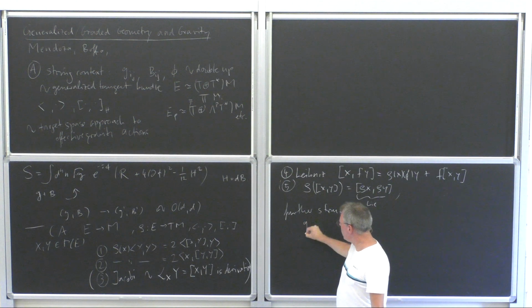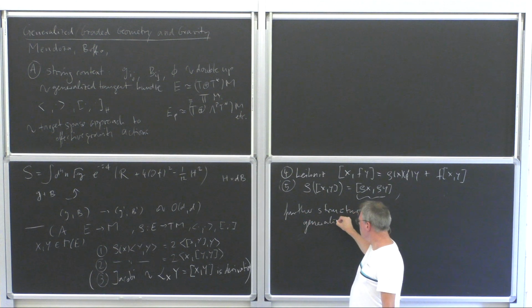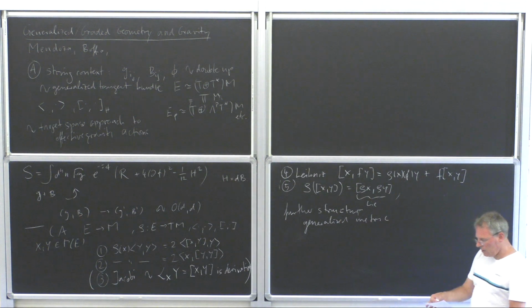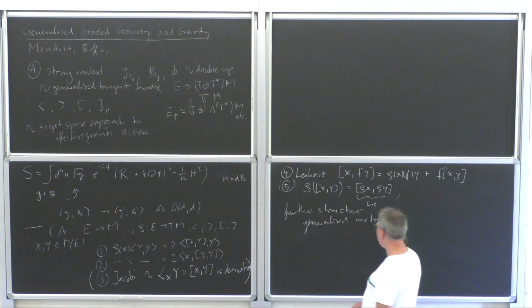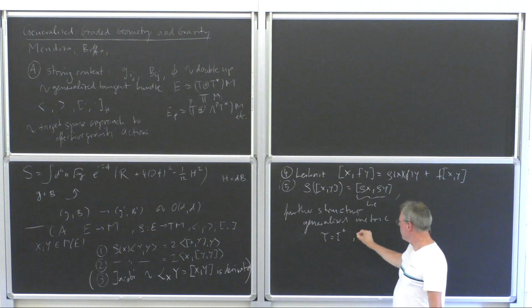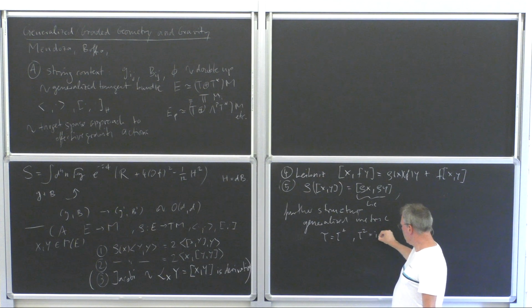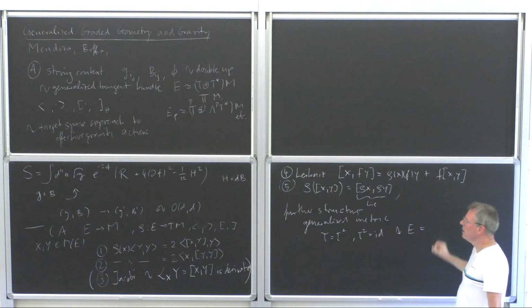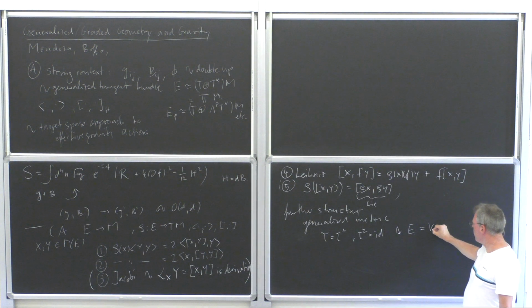A generalized metric. It can be formulated in terms of a map, tau, which is self-adjoint and squares to the identity, and you can use it to split the generalized tangent bundle into a V plus and a V minus part.